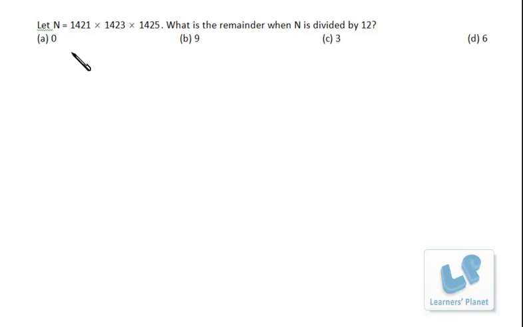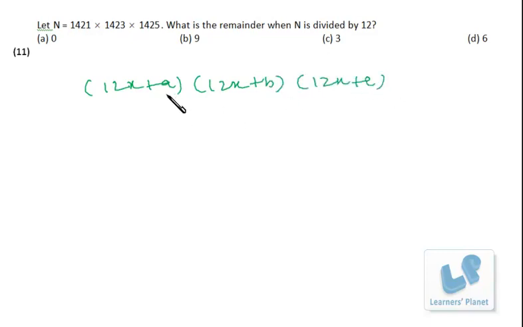See, we have to find the remainder when the number is divided by 12. So the numbers are in the format of 12x plus a, 12x plus b, and 12x plus c, where a, b, and c are the remainders.